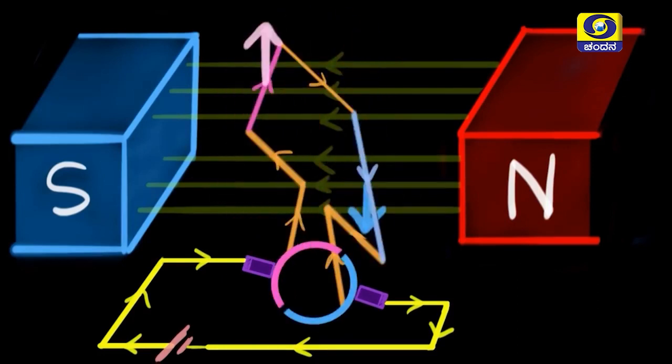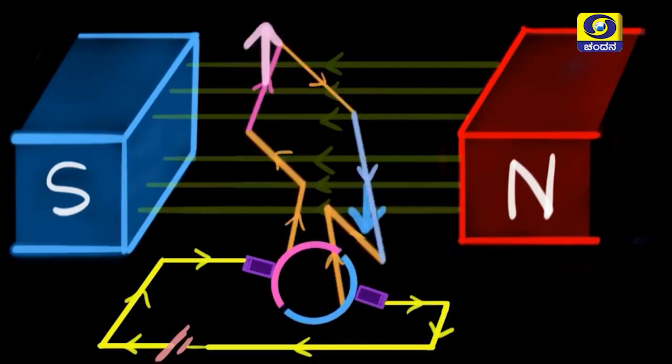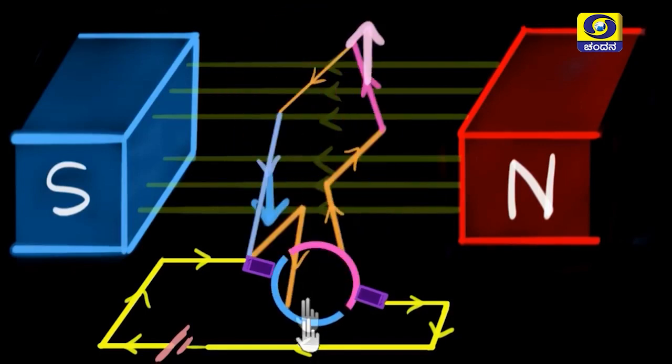The commutator helps the current to flow in the same direction here, and the armature keeps on rotating in the same direction. This type of motor is called a direct current motor because it uses a battery which doesn't change the terminals. The current flows in the same direction in the external circuit.